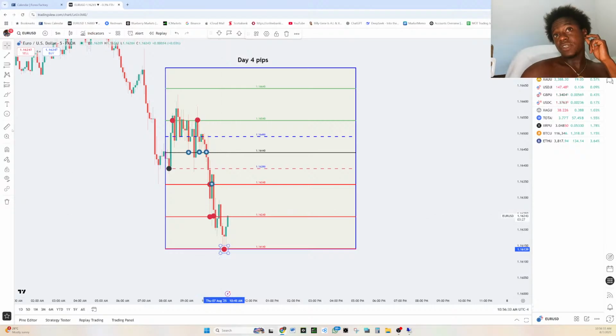There we go. We just retested this level, and I believe that at this point the markets usually turn back around more than 10 pips, to go ahead and stop me out.